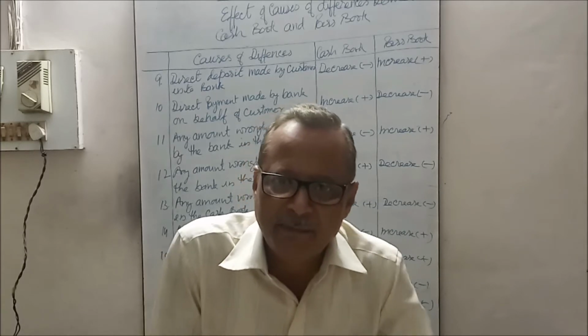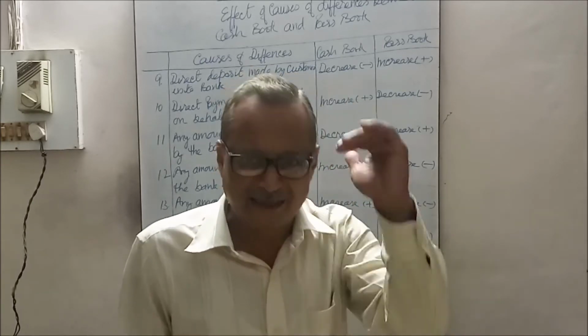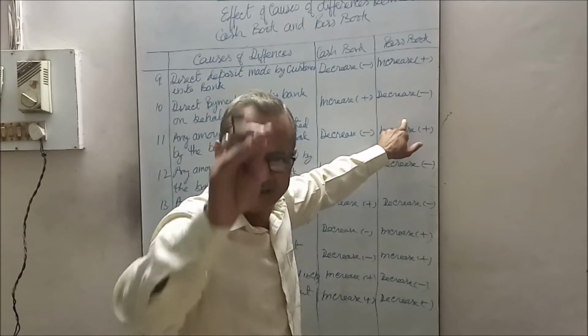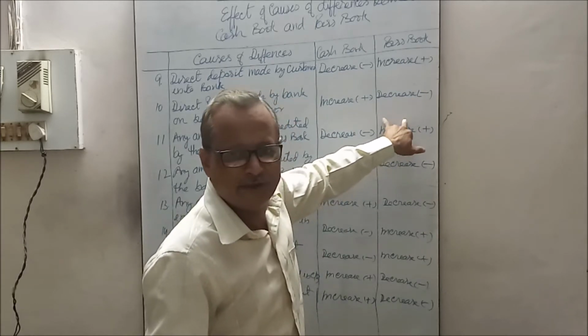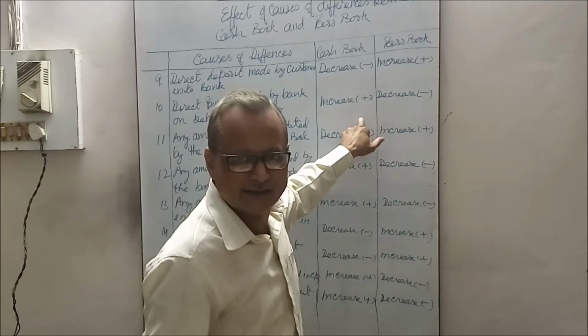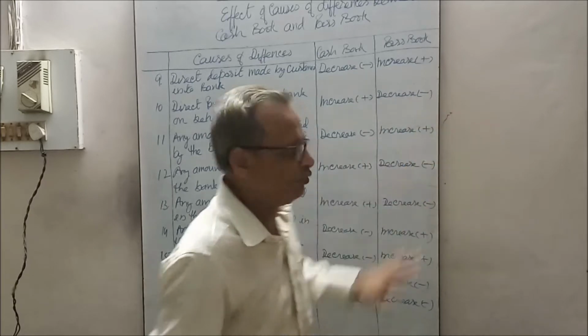The banker immediately debits the passbook, reducing the passbook. The passbook shows a decreased balance in comparison to the cash book, whereas it is not recorded in the cash book, so the cash book shows an increase in comparison to the passbook.